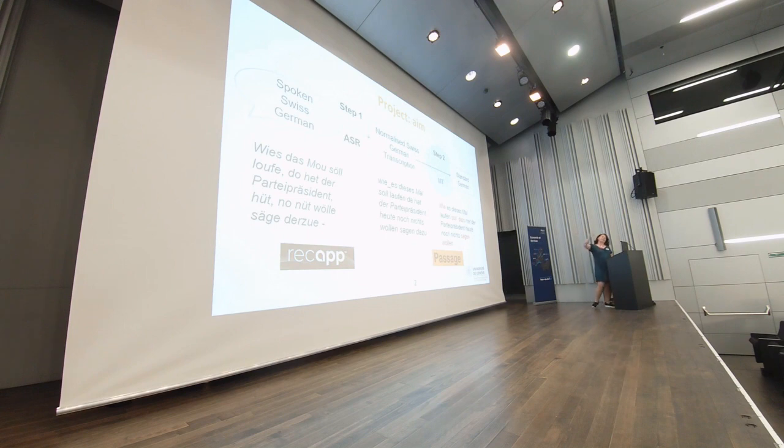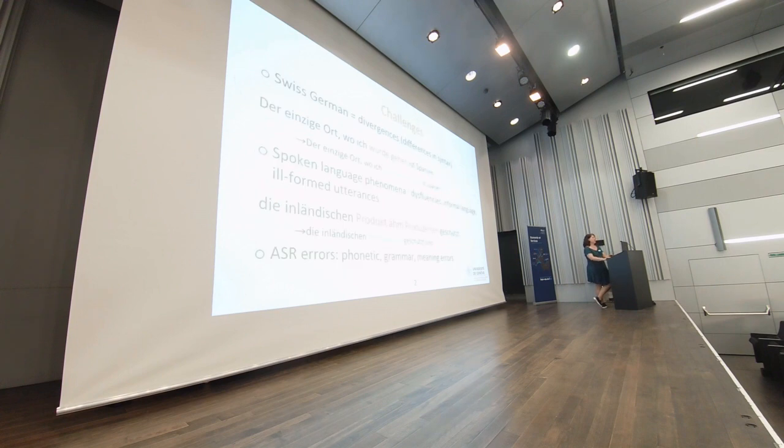This second step permits us to correct a certain number of error types. The first error type is when there is a divergence, for example in syntax, between Swiss German and German. In this first example the word order is different: "Der einzige Ort, wo ich würde gehen, ist Spanien" would be transformed into "der einzige Ort, wo ich hingehen würde, ist Spanien".